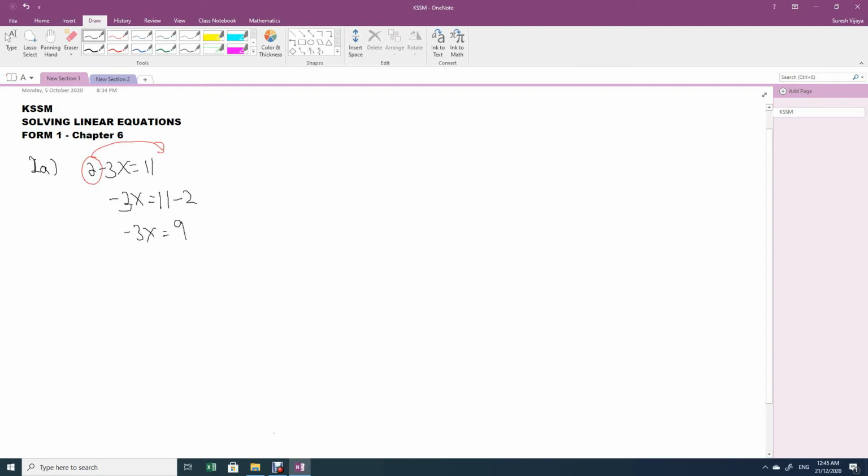What we do next is, since this is a multiplication of the variable to the number, when you bring it over, you have to divide the minus 3. So we have minus 3 multiplying x. When you bring over, it will be divided.